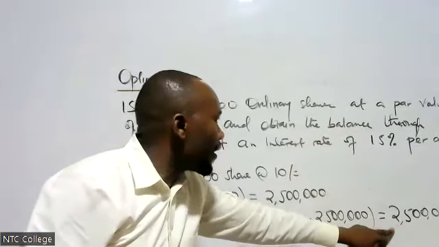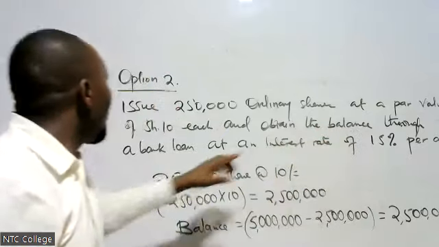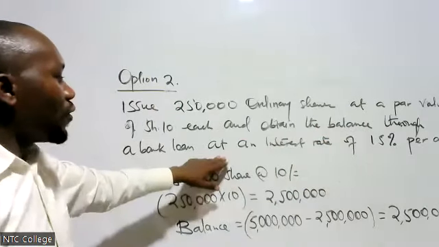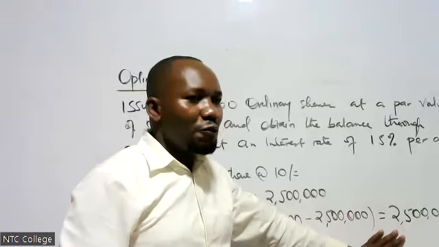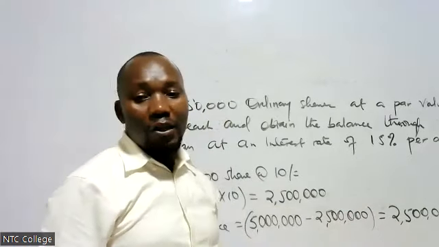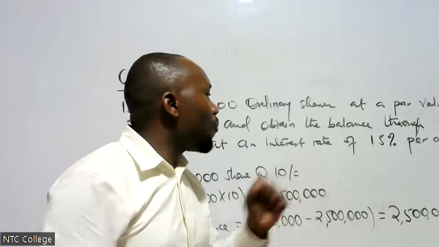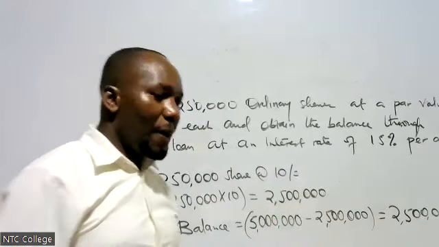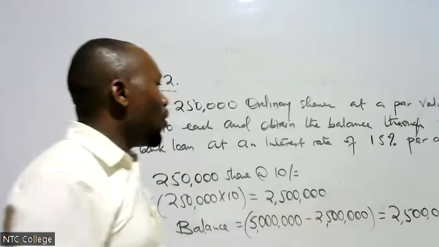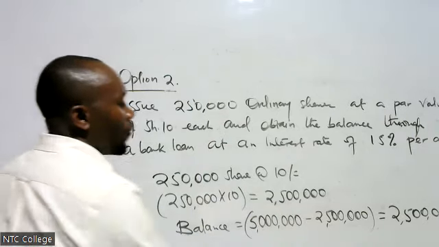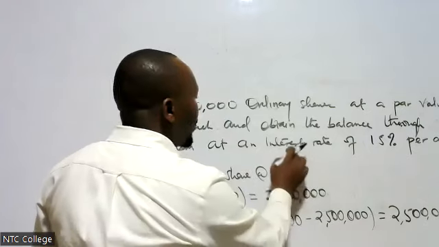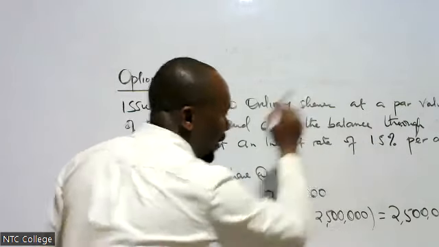How do we get the balance? Obtain the balance through a bank loan. So for us to get this balance of 2.5 million, we need to go for a bank loan, and that bank loan should be 2.5 million. The rate of interest on that loan is 15%.